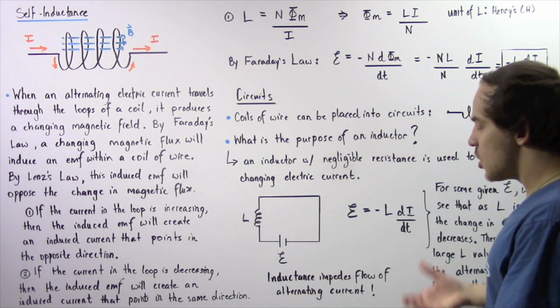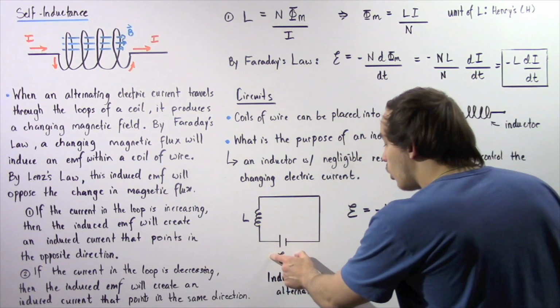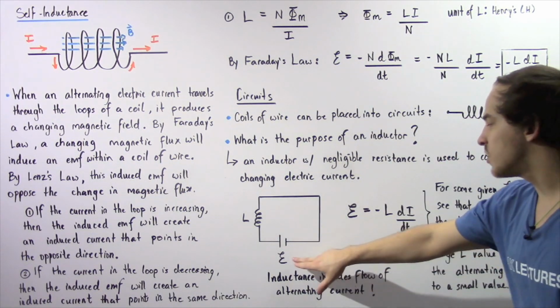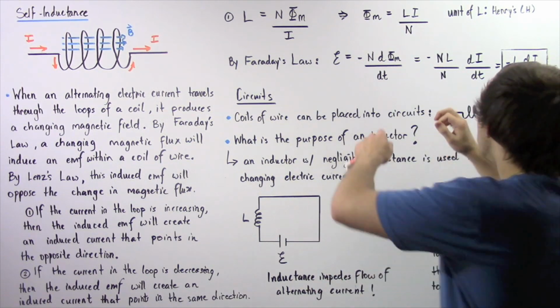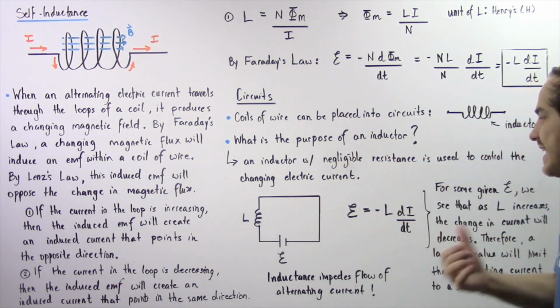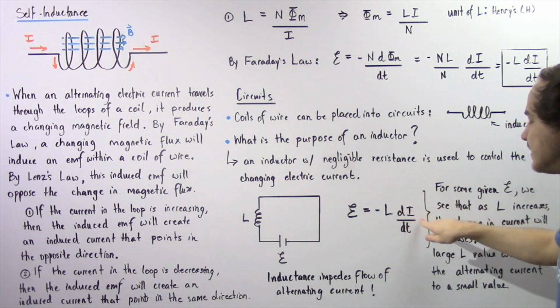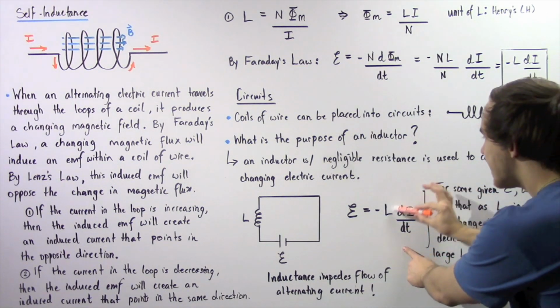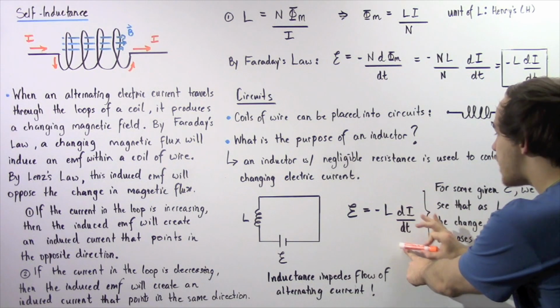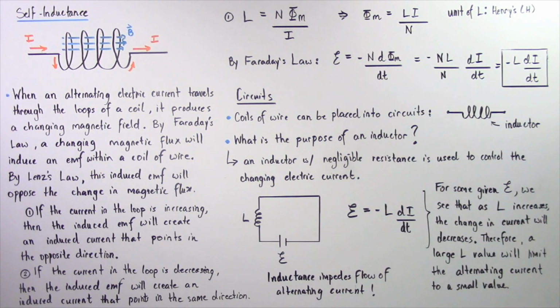So let's suppose we have some sort of source of voltage, and that voltage is given by the following quantity. Now we know from this equation that our induced EMF is equal to negative L multiplied by di divided by dt, where this is simply the rate of change of our electric current with respect to time.